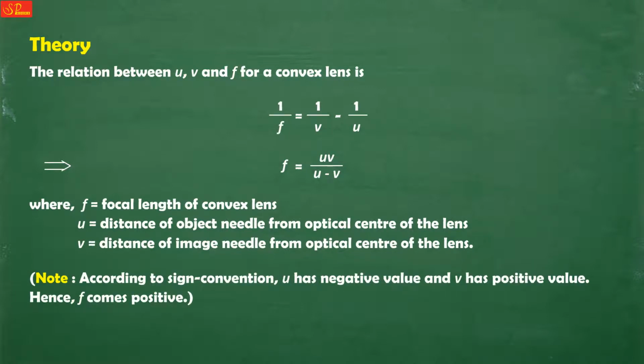Note, according to sign convention, u has a negative value and v has a positive value, hence f comes positive.